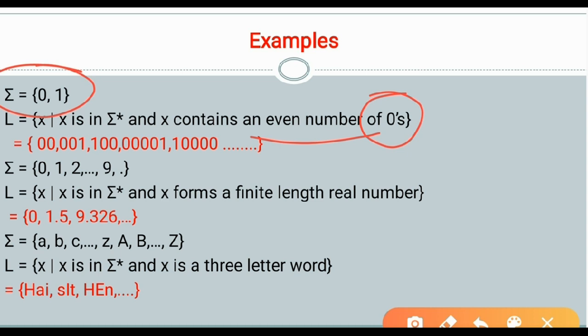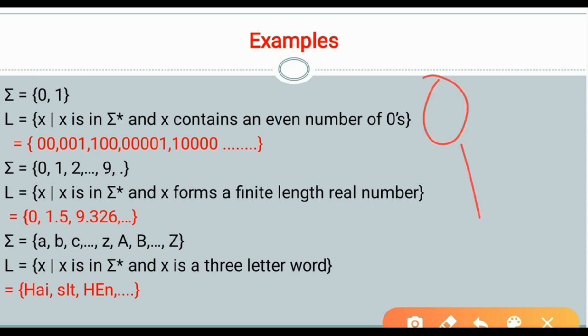No order is mentioned at all. You can specify any condition, like an even number of zeros, an odd number of zeros, x followed by at least one zero, or y followed by at least two zeros, or a word should start with 0, or a word should start with 1. Like this, you have so many conditions.